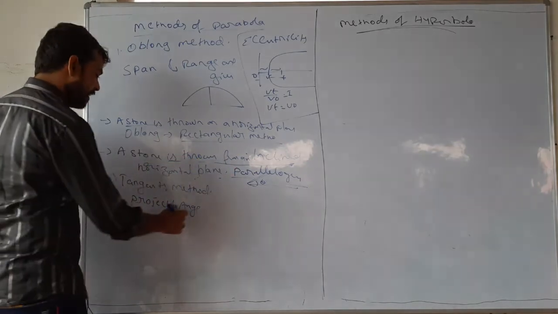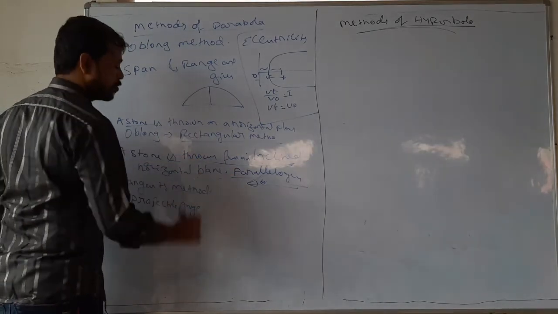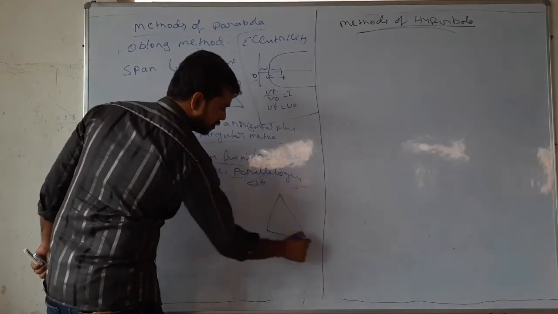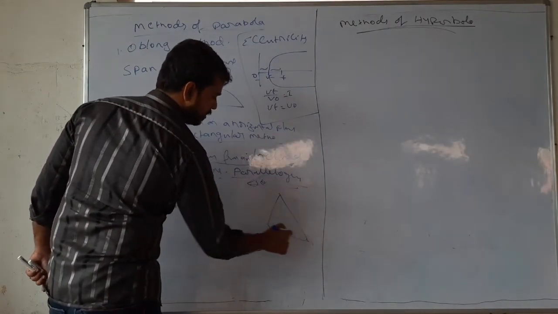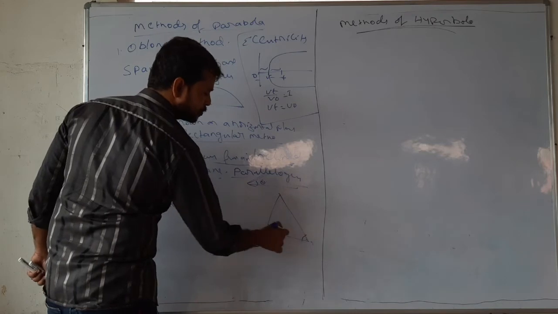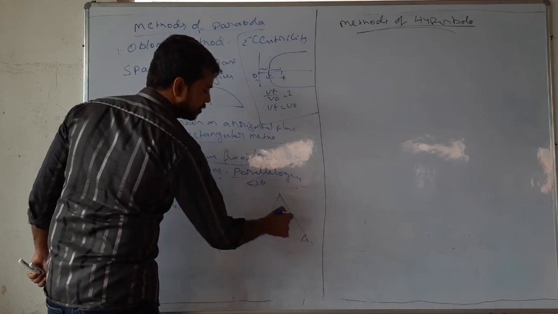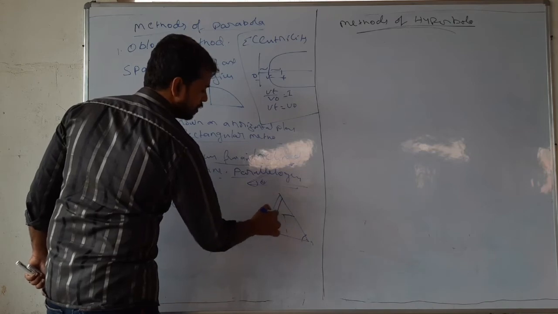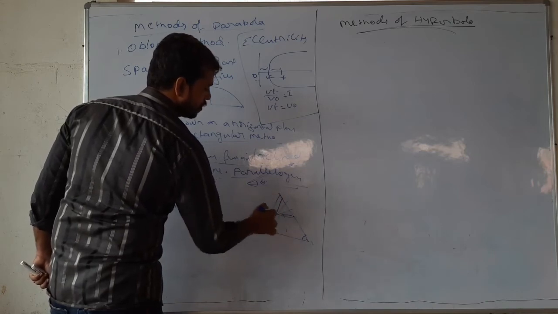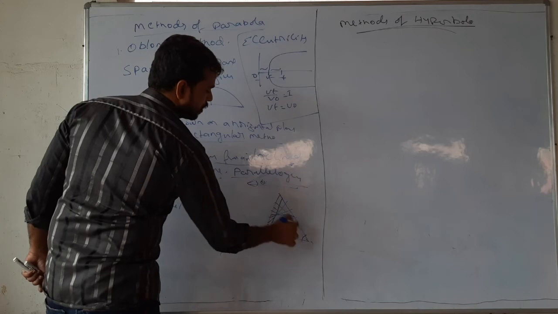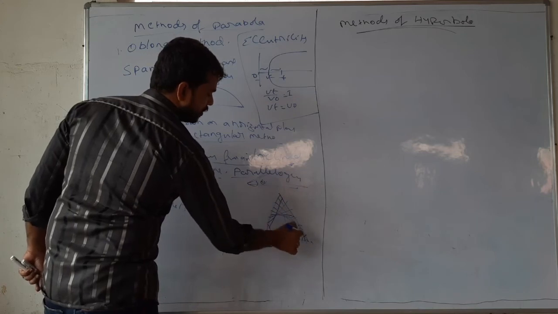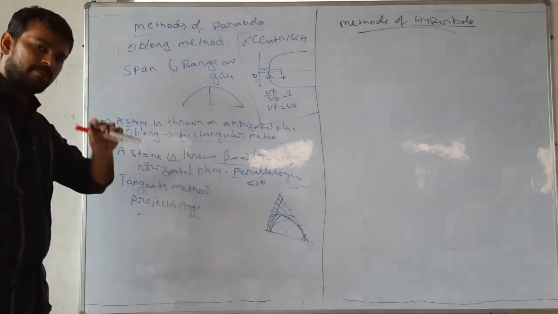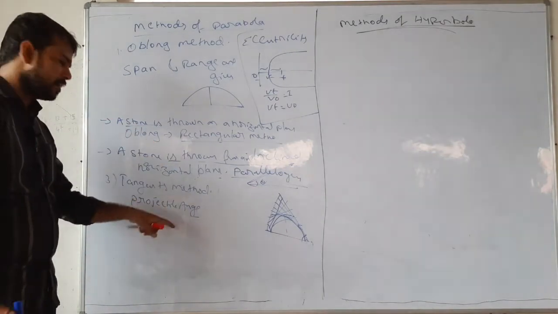When that angle is given, you have to draw the parabola by the tangents method. It looks like this: this is the angle of projectile, this is the horizontal plane, and this is the range. On this range we will draw like this, and in between you will draw a parabola like this. This is how the tangents method looks. I will give you that description in the link.